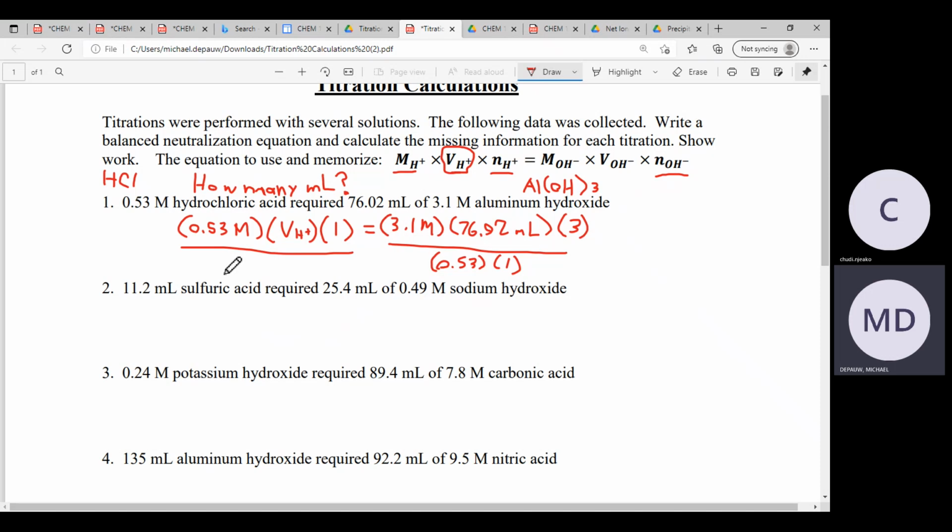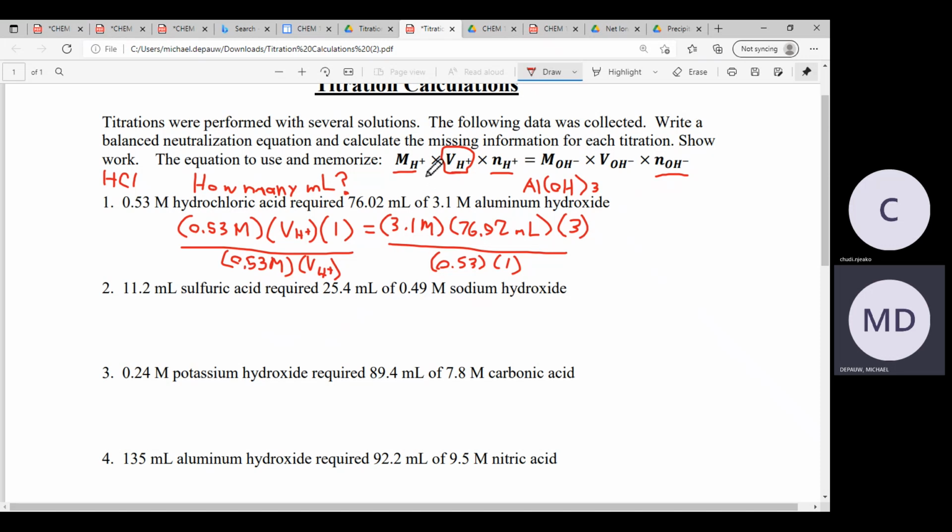Now you could also be asked for the molarity. That's typically what you're going to be asked for, either molarity or volume. That's a little bit confusing because how do you know which side to put the volume on? It doesn't matter if you put the acid on the left and the base on the right, or the base on the left and the acid on the right, so long as you keep all the acid stuff on one side and all of the base stuff on the other side.